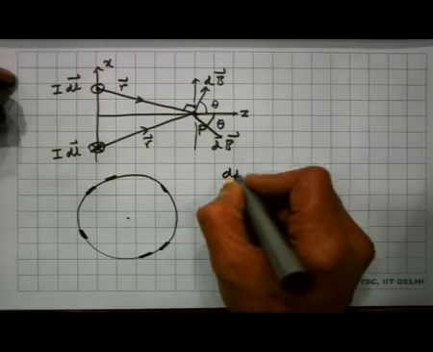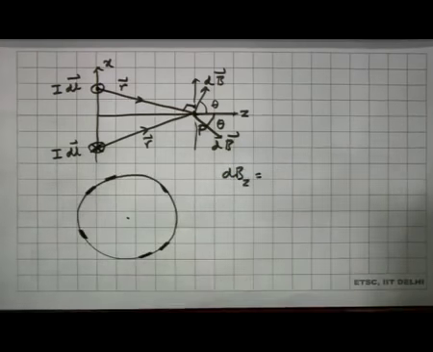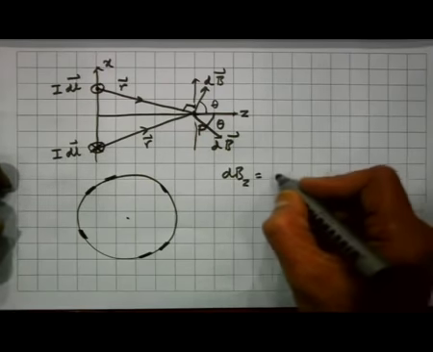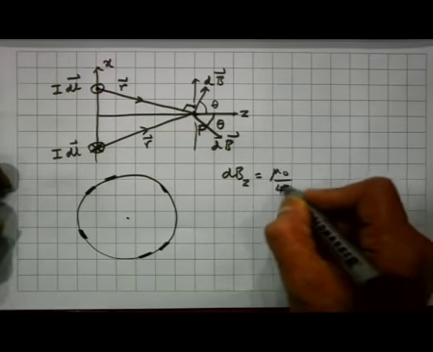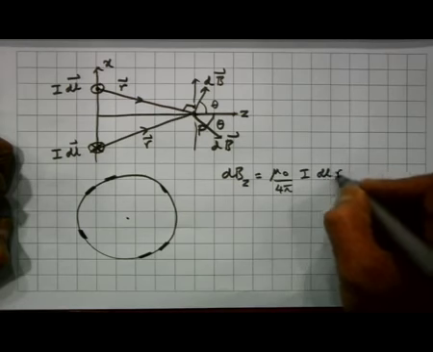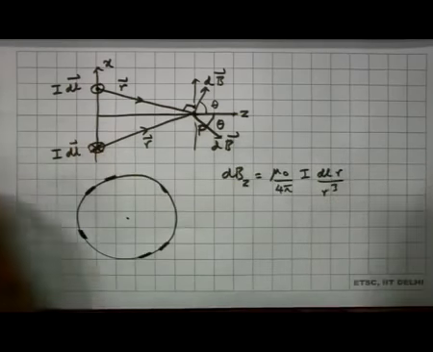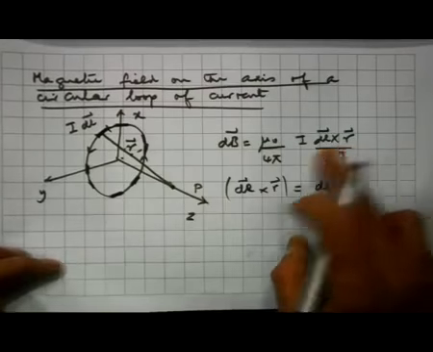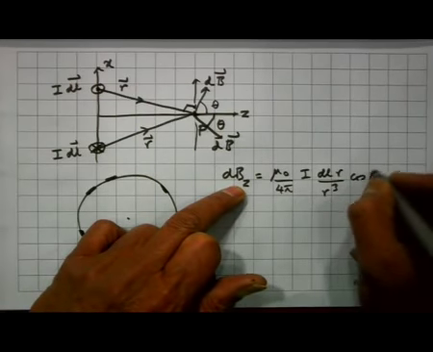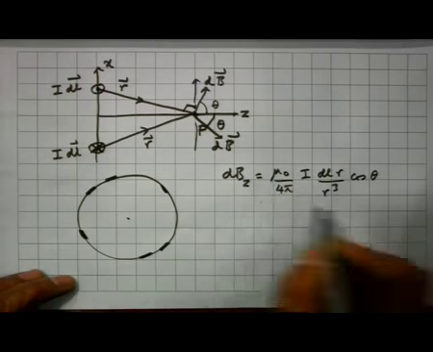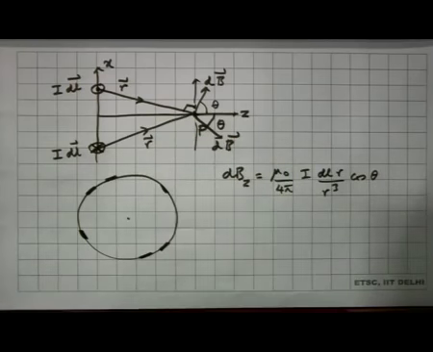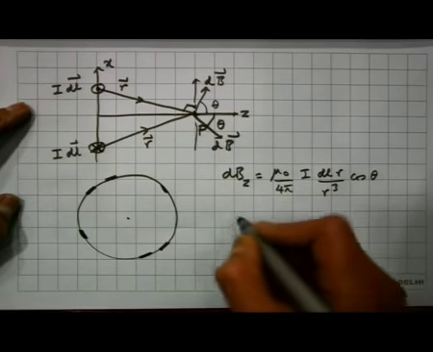Let me write dBz is equal to, so I had written this equation here, mu naught by 4 pi I dl cross r by r cube, which is dl times r by r cube, and I am looking at the z component, which is cos theta. This is the total magnitude of the magnetic field, and its z component is cos theta. The x components cancel each other. So that is the magnetic field here, and cos theta I can calculate.